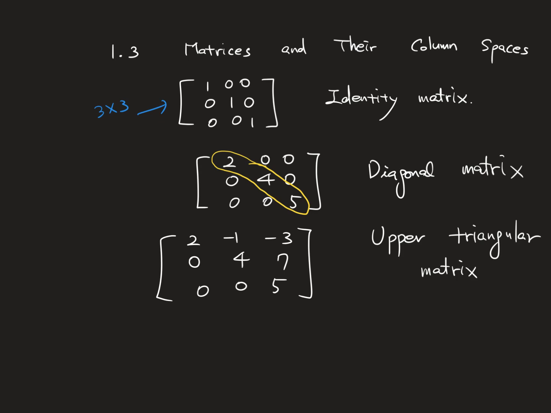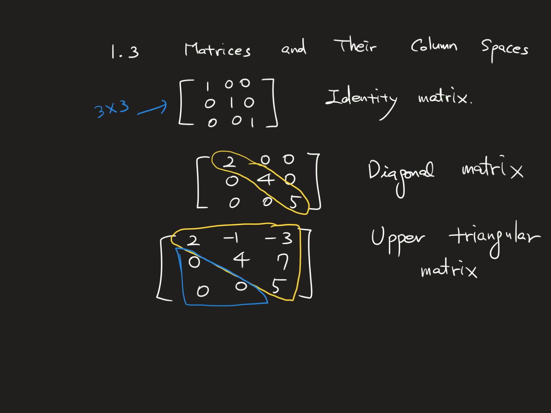This is upper triangular because when you draw a triangle, you should include the diagonal. Inside the triangle, the elements could be non-zero, but the other parts are all zero. So that's why we call this matrix an upper triangular matrix.